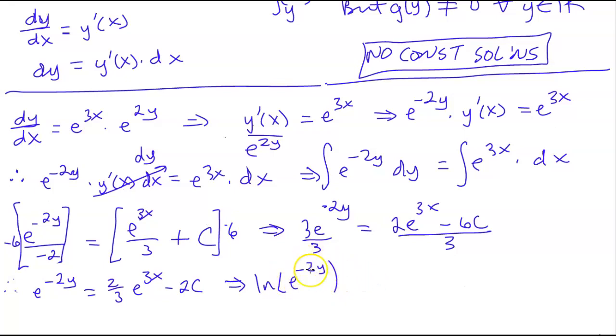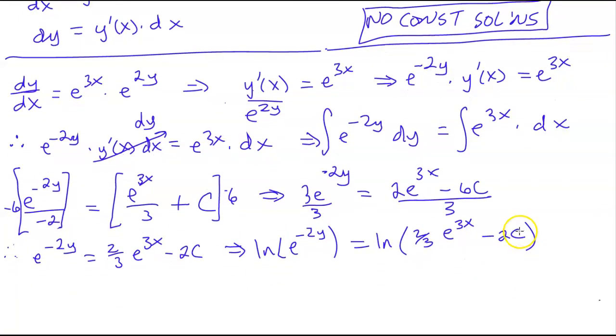And that would get that minus 2y by itself. So I have that. And of course, from here, on the left-hand side, I'll have minus 2y. Right-hand side would stay the same. And last thing I'll do is divide both sides by a negative 2.